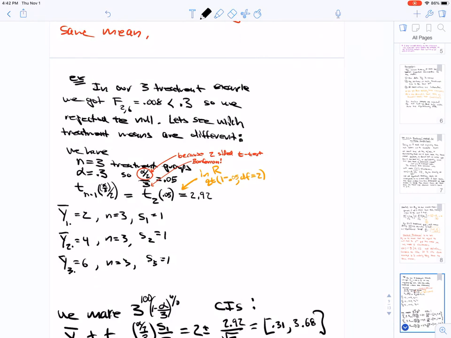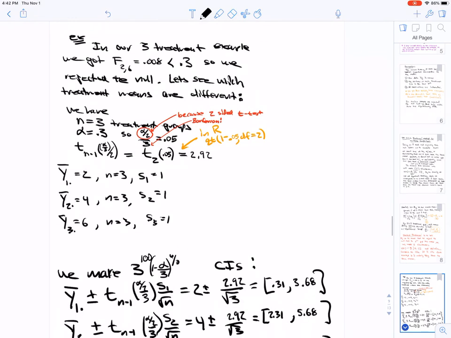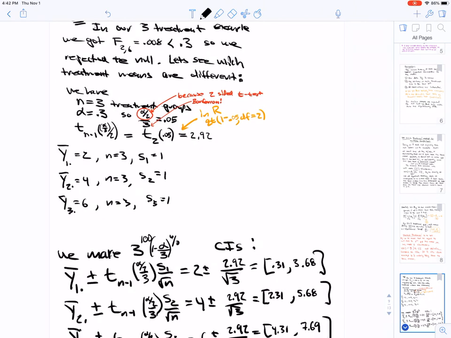Here we have three treatment groups. Let's say alpha is 0.3. We're doing a two-sided t-test here. So the level of significance for each confidence interval is going to be alpha over 6, which in this case is 0.05.